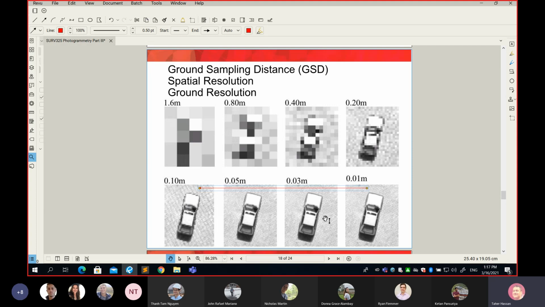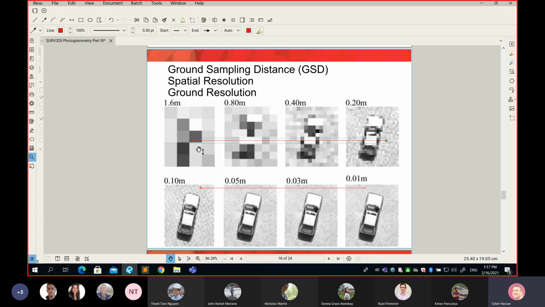My resolution gets coarser and I'm losing details. All the way until I go to this resolution here, and I'm asking you, at 40 centimeters, are you able to identify that this is a car? No. You can see I'm increasing my ground sampling distance and then I'm losing details.